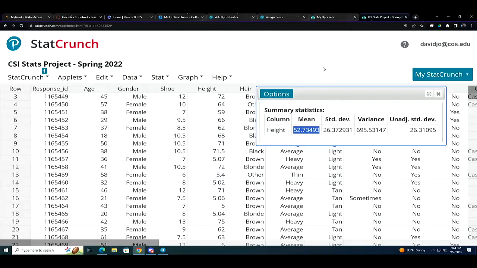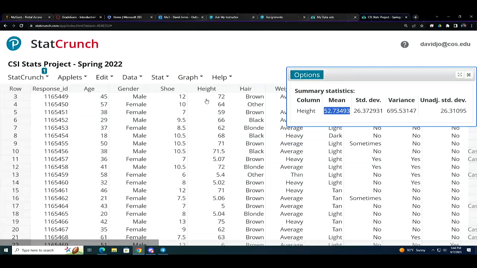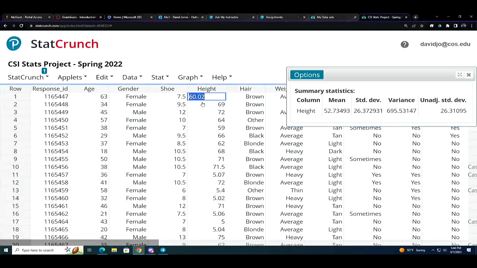And if I go look at the data real quick, like I'm looking at height, I got 60, that seems okay. 72, that's 6 feet tall, that's about right. 5.07. I have a very strong suspicion that no one who took this survey is 5.07 inches tall.